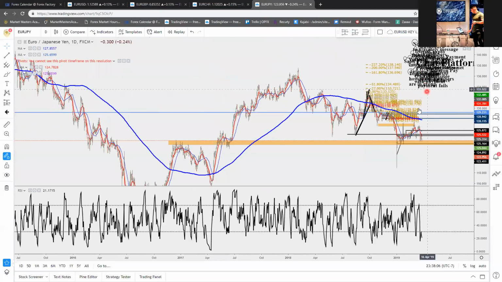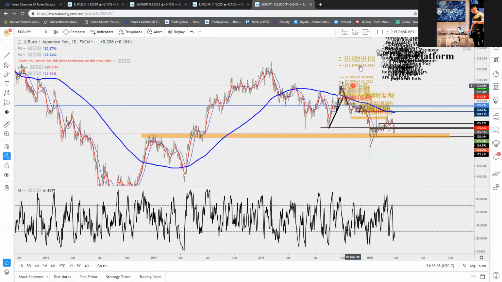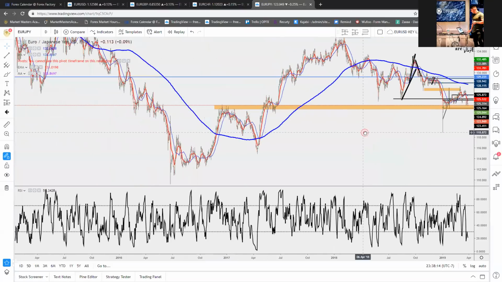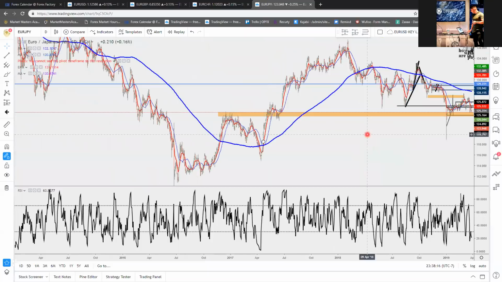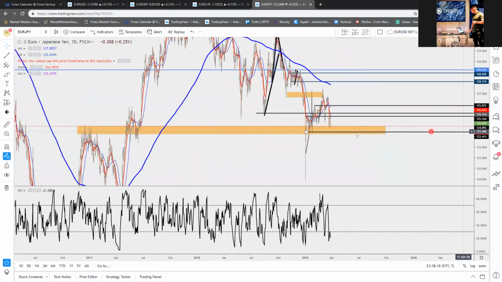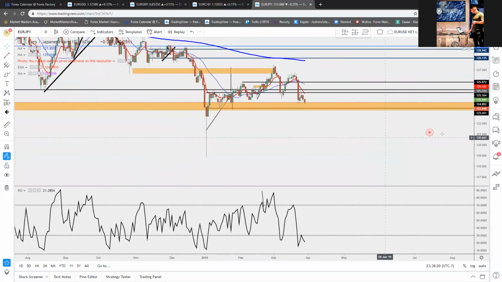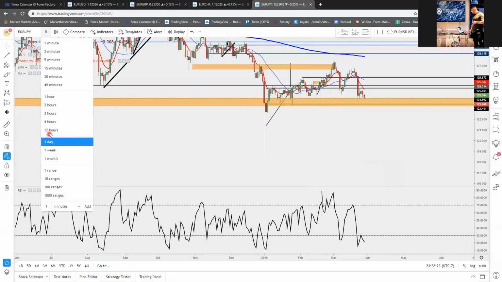Okay, so this is major resistance, which is like support over here. So right now it's hitting off of a major support down here on the daily.